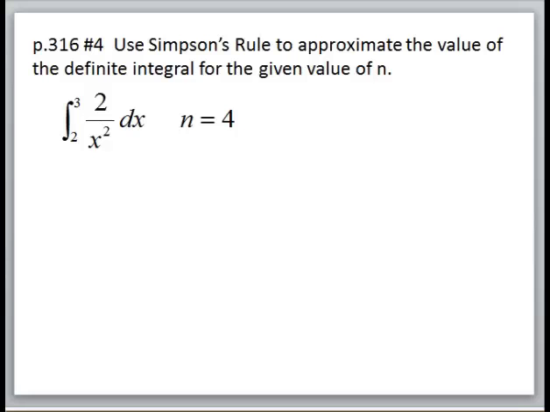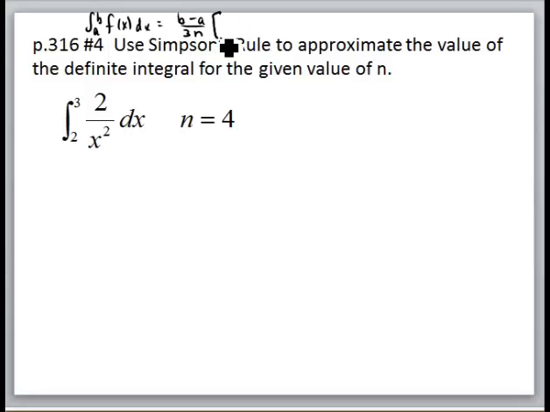For Simpson's rule, I meant to write down the formula before I started this video and I forgot, so I'll go ahead and do that really quick. It says that if I'm evaluating an integral from a to b of f of x dx, it equals b minus a all over 3n.